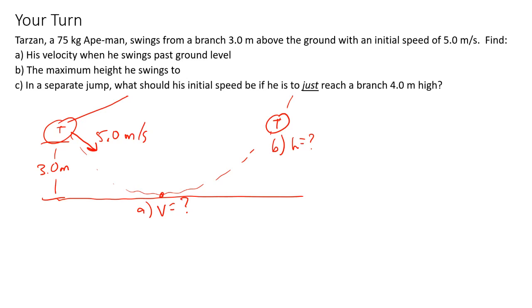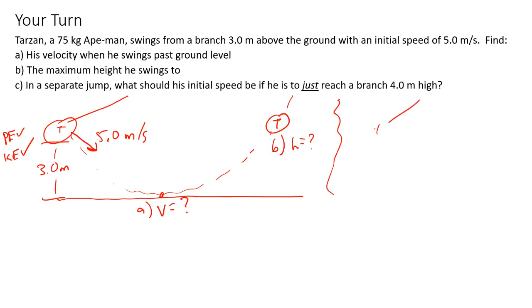So in this case, Tarzan initially will have both PE, or potential energy, and kinetic energy. Okay, and then we're asked to find a couple of things in questions A and B. Okay, in part C, it's a separate jump.